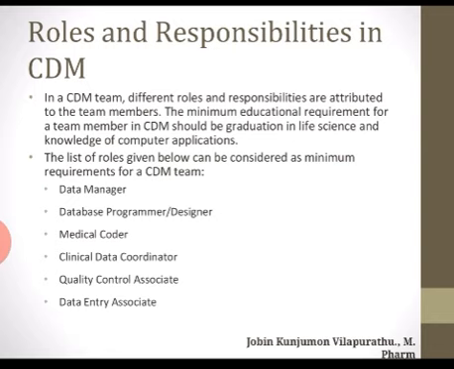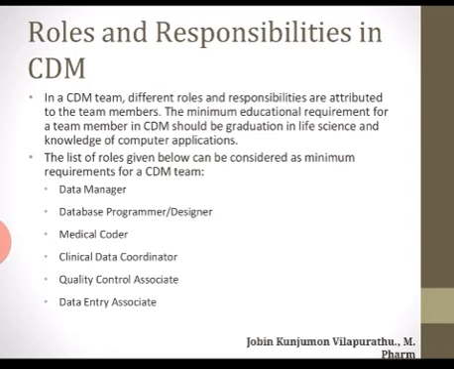Now, to have a nutshell of the activities: what are the roles and responsibilities in CDM, or who are the stakeholders, the persons involved in CDM? Usually, in the CDM team, different roles and responsibilities are attributed to different team members.